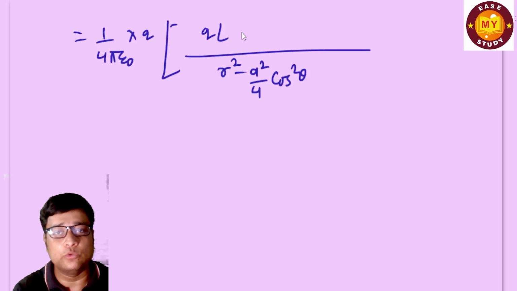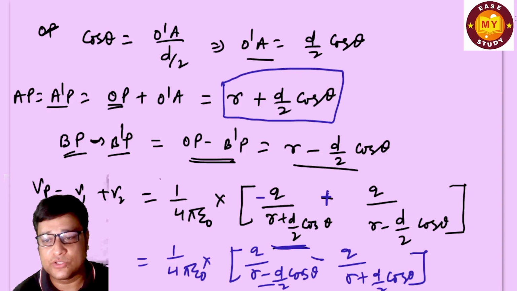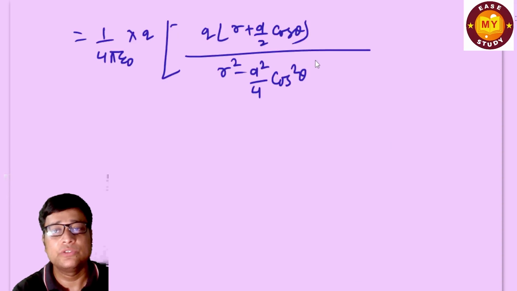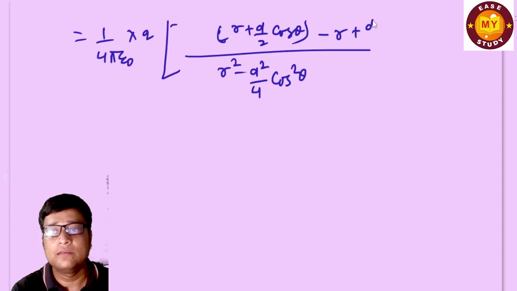R plus d by 2 cos theta, and then minus q I have already taken, so no need to take it. Q is here, and this will be minus r plus d by 2 cos theta.